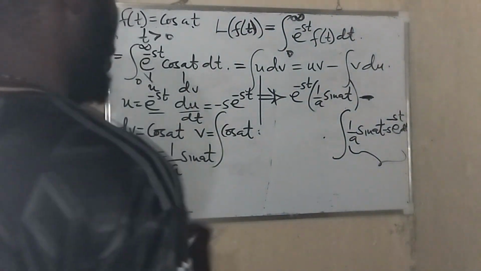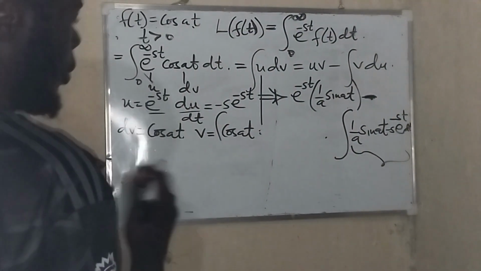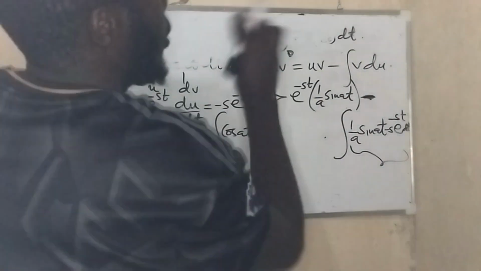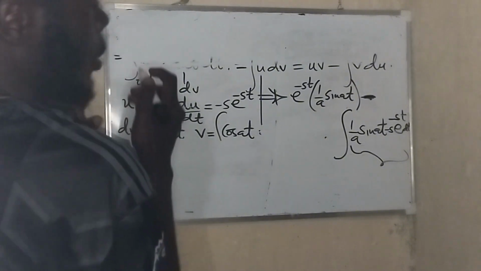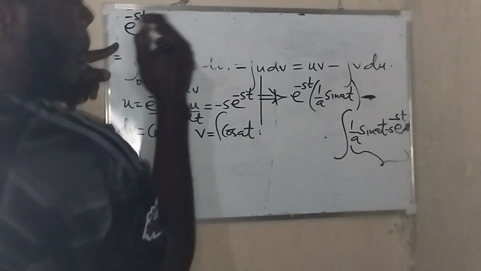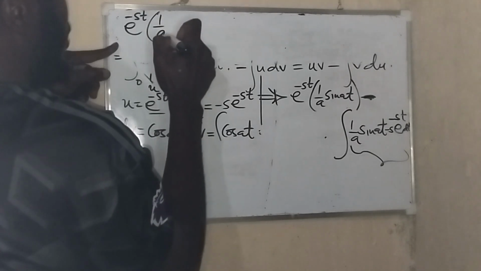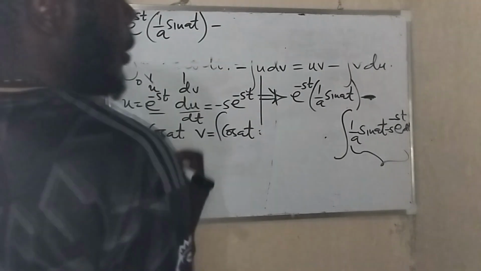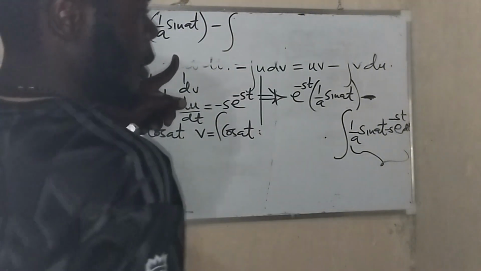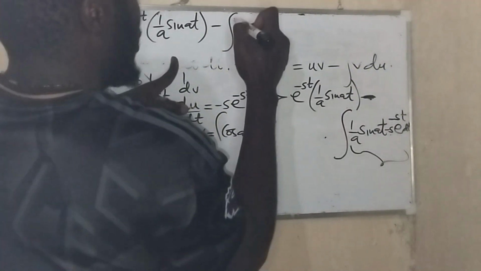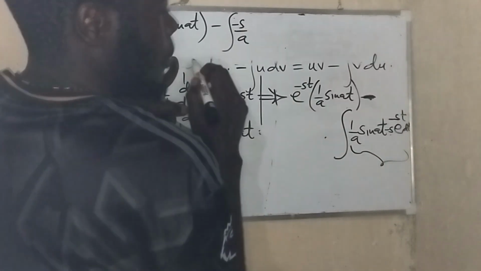So we can write our equation. We have exponential negative st into 1 over a sine at minus the integral. These are constants, negative s and 1 over a, so negative s over a.